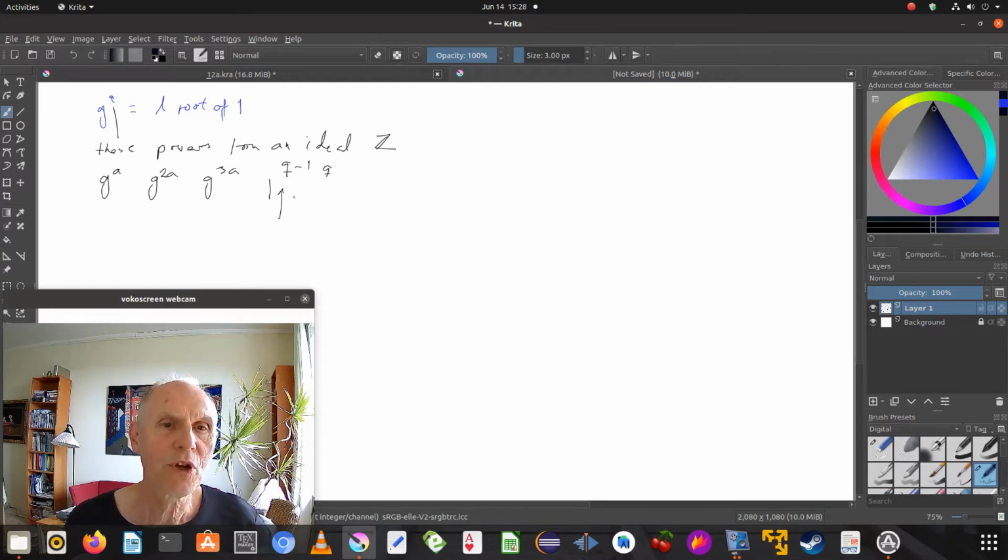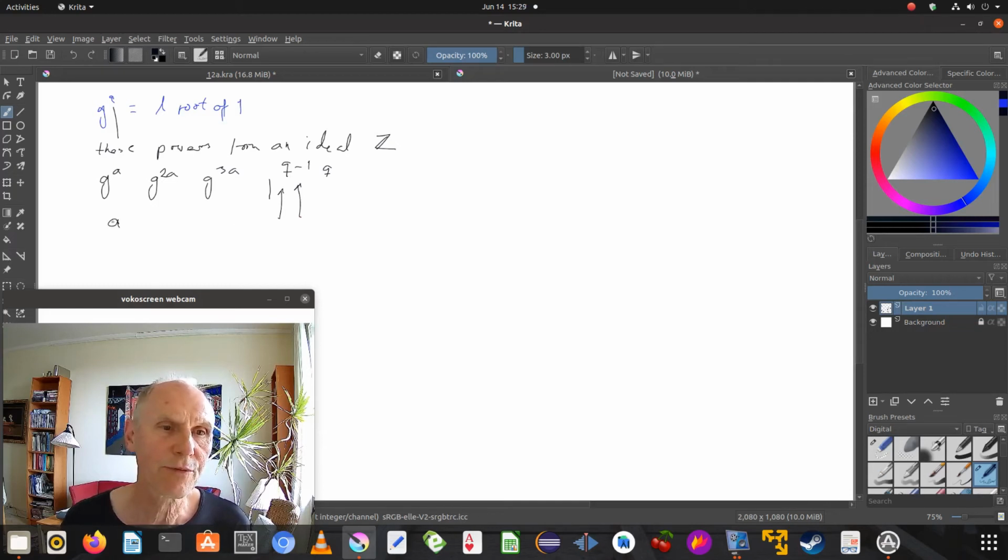And if we do not hit Q minus 1, if we hit before, then the next one will be smaller than Q minus 1 plus A, because this guy is smaller than Q minus 1, and we add A to each of them. So that means that we hit exactly Q minus 1.